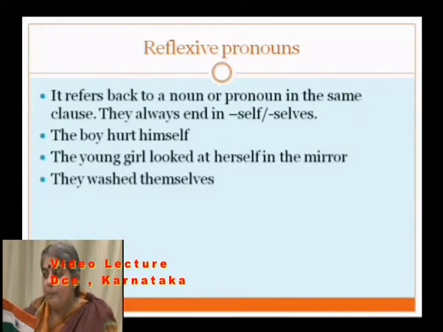Reflexive pronoun. The reflexive pronouns refer back to a noun or a pronoun in the same clause. Now, how are we to understand it? They always end in self or selves. Look at the sentences. The boy hurt himself. Now, how am I to understand the word himself?